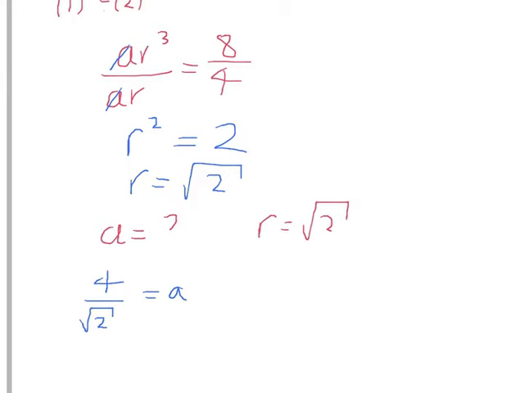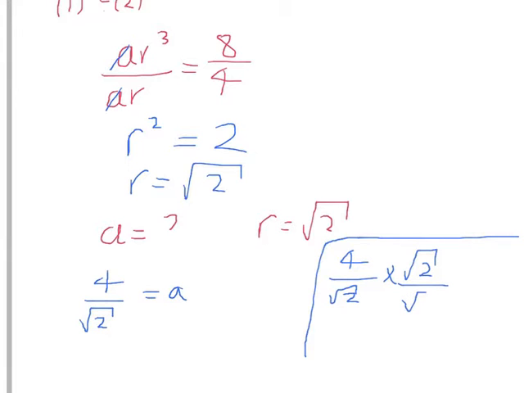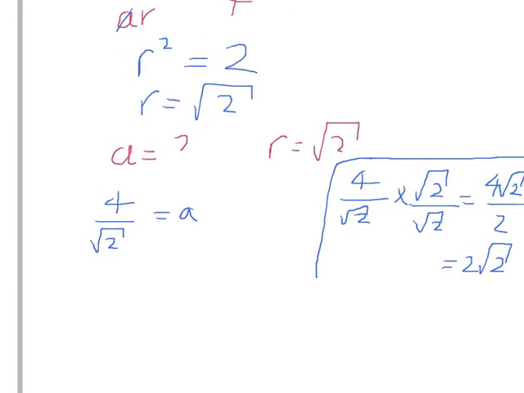So just as a side over here, let's rationalise that. So that's going to be 4 root 2 over 2, which is just going to become 2 root 2. Now we know the first term is equal to 2 root 2.